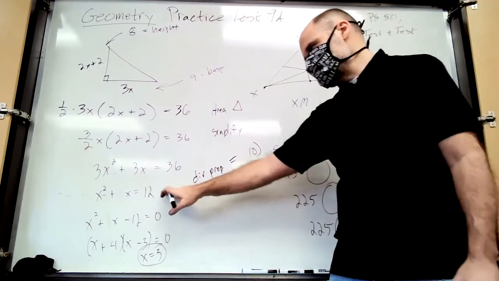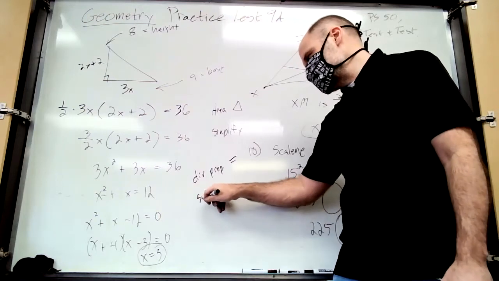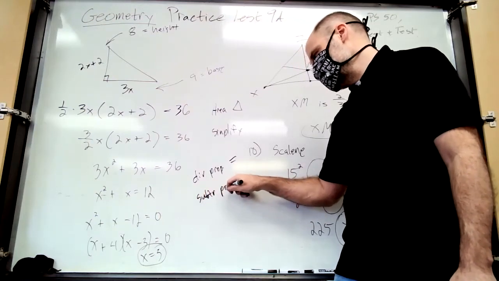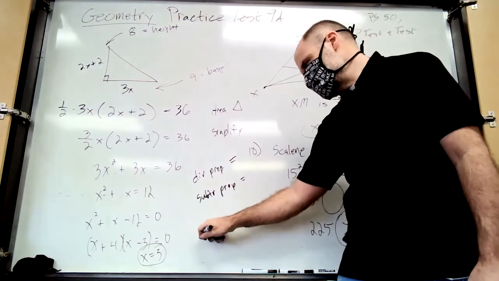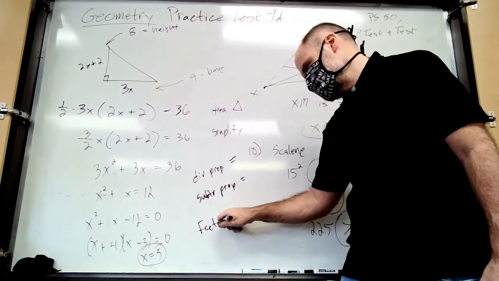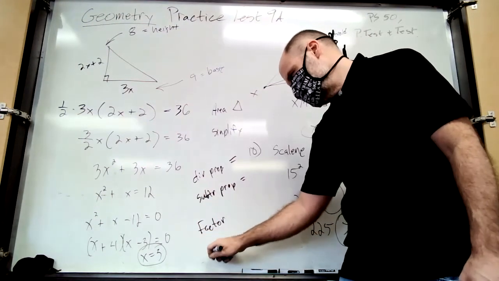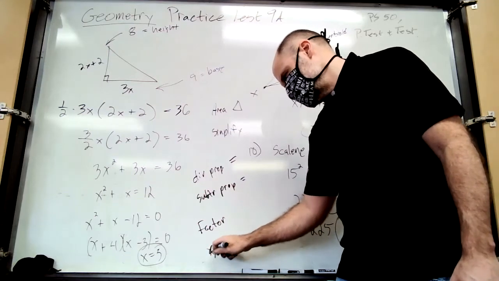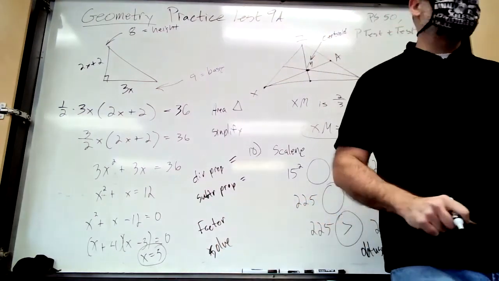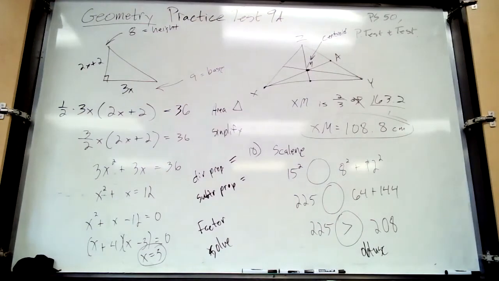And then we subtracted 12 from both sides, subtraction property of equality. And then we factored, so factor, and then we solve. Okay, those are justifications.